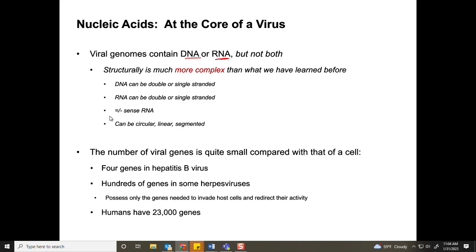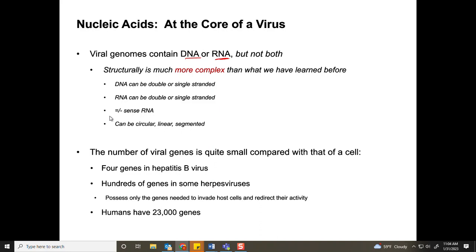Well, it usually is. 99% of the time, when we talk about any other cell type, really, it's double-stranded. But sometimes in viruses, it's not. So it's weird. RNA, we've historically learned, or you've learned as a prerequisite, is single-stranded. However, there is double-stranded RNA that's possible in viruses.